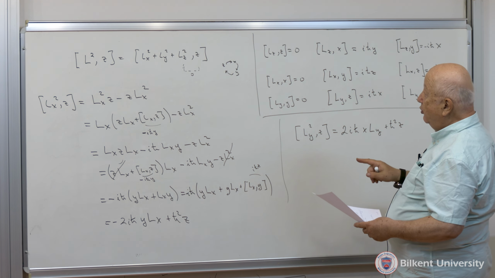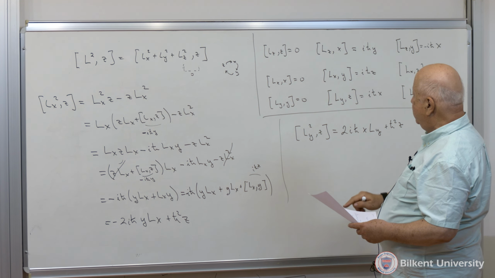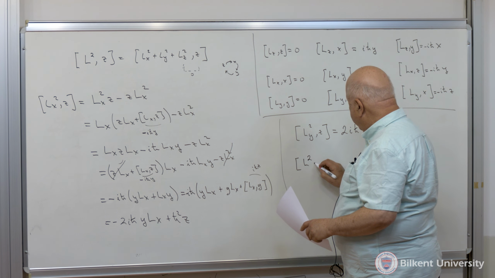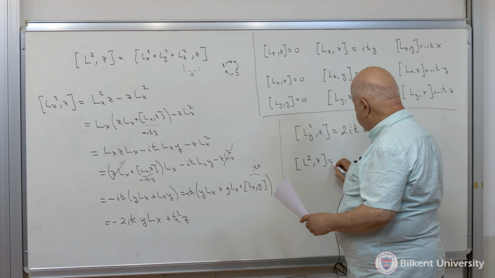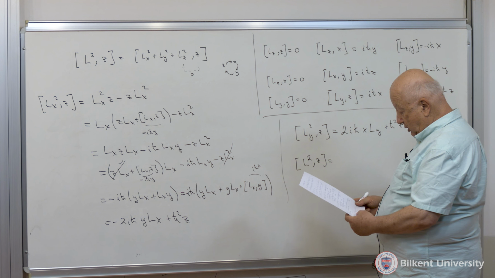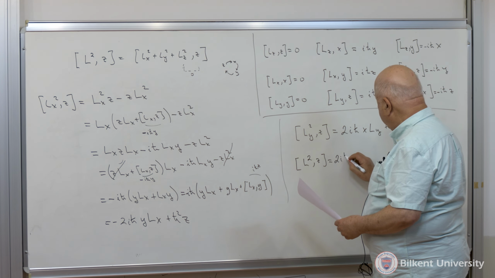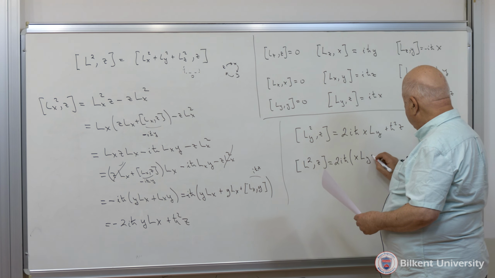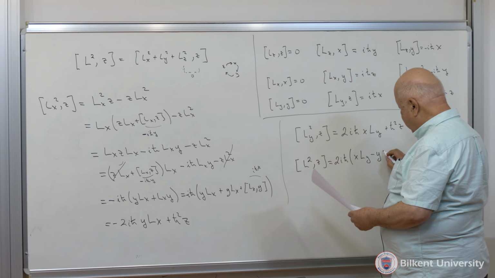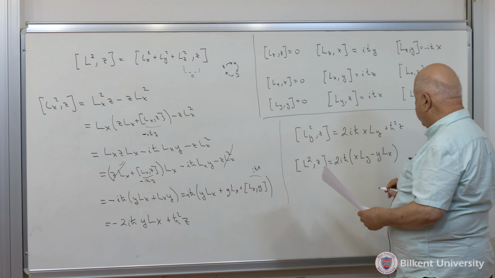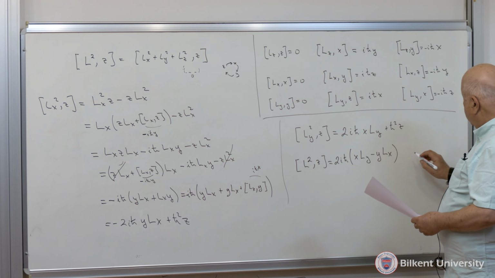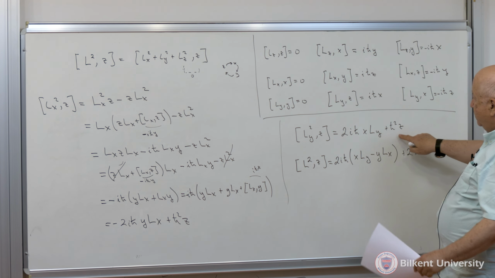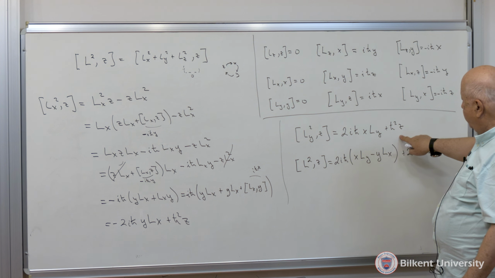And I know that L squared z is 0, so that means I can just add these things up, and I get L squared z is equal to 2 i h bar (x Ly minus y Lx). You see this starts to look like a cross product, plus 2 h bar squared z. So it's just the sum of these two terms.